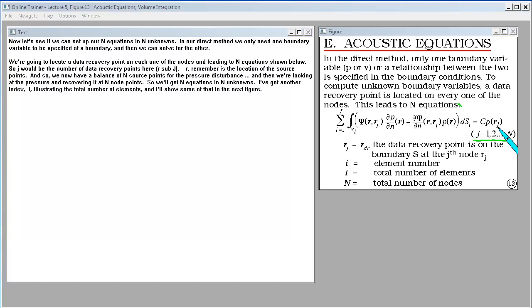R, remember, is the location of the source points, and so we now have a balance of n source points where the pressure disturbance is located, and then we're looking at the pressure and recovering it at n node points. So we'll get n equations in n unknowns. I've got another index, capital I, illustrating the total number of elements, and I'll show some of that in the next figure.